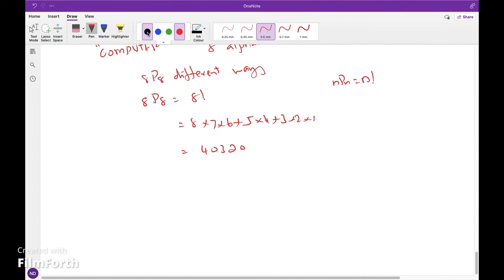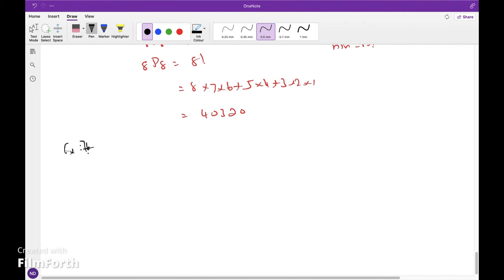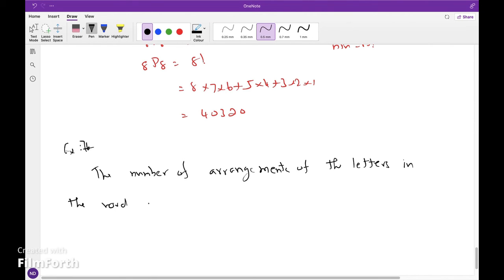Next example. The number of arrangements of the letters of the word failure so that vowels are always coming together.